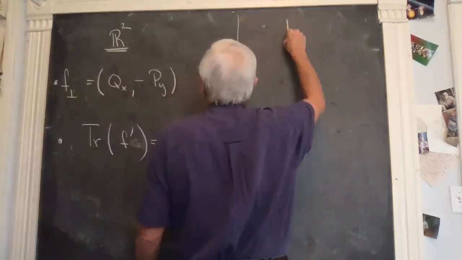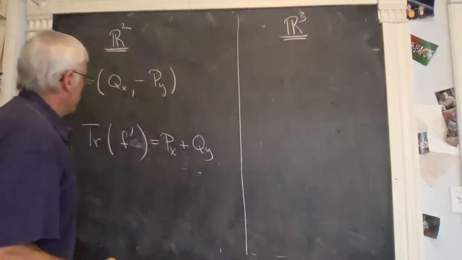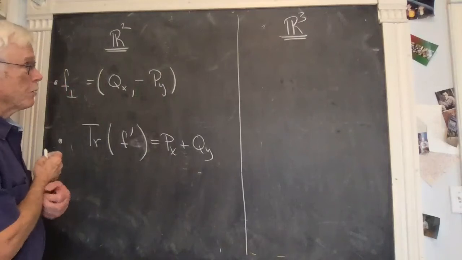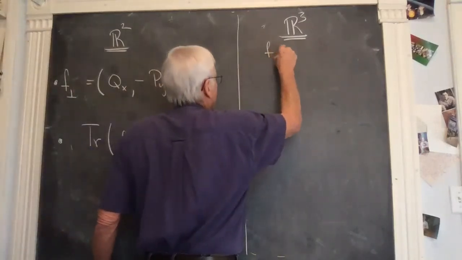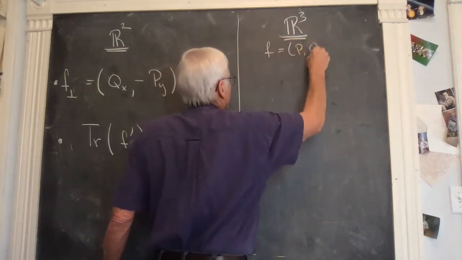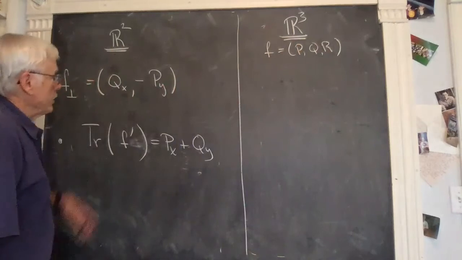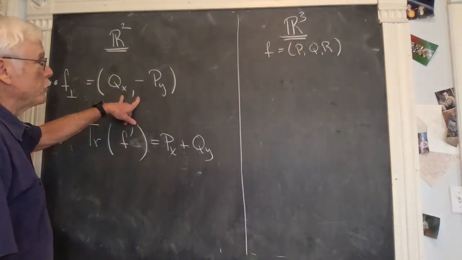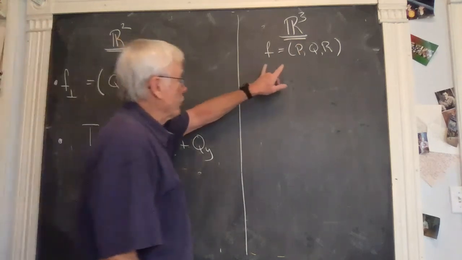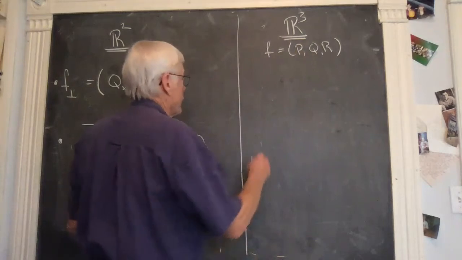In R3, there are two analogous quantities that come up. Now in R3, F is p, q, and r. So this vector was perpendicular to p, q. So we want a vector that is perpendicular in a way to p, q, r to be the analog of this.